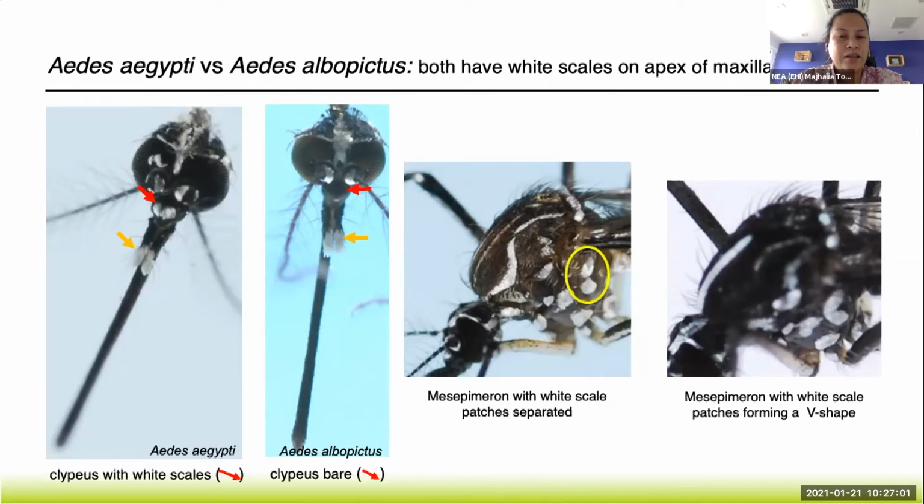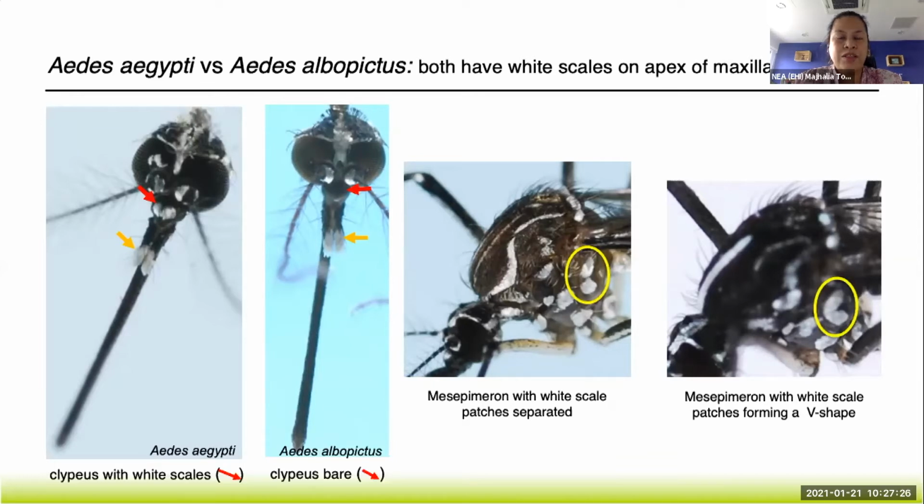Are they connected or are they separate? It's separate, right? But if you look at Aedes albopictus, it is V-shaped. This is what we call V-shaped. There is no separation between the two scale patches. They are connected and they form a small V shape.